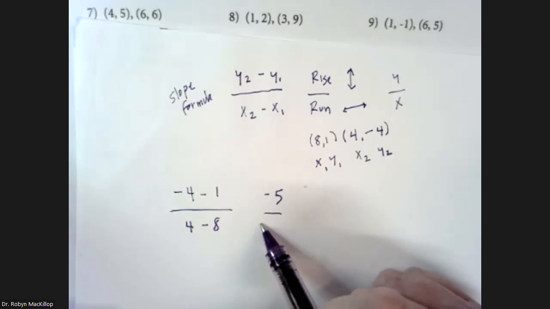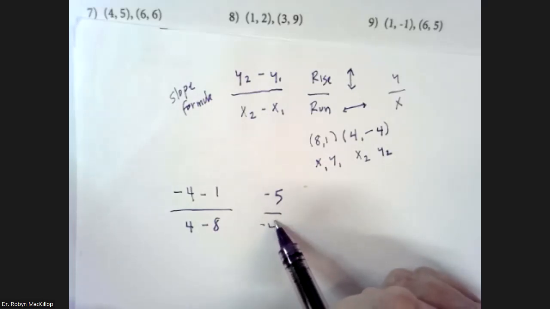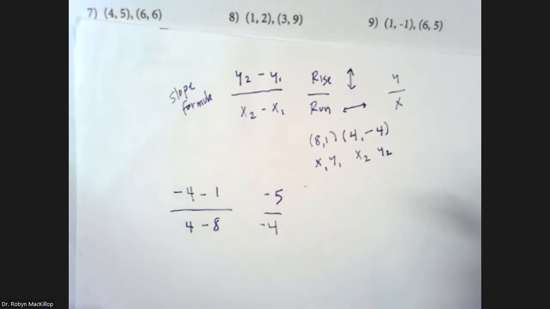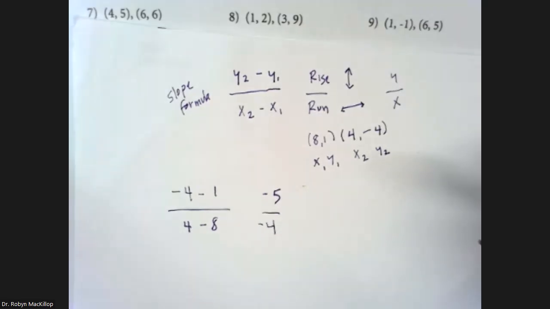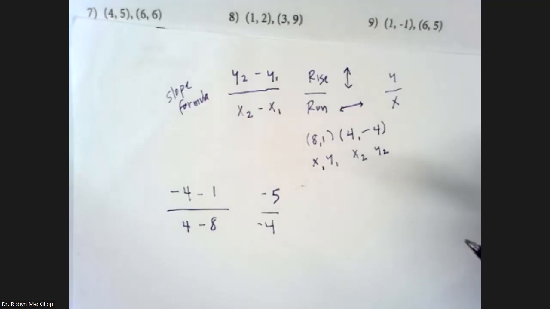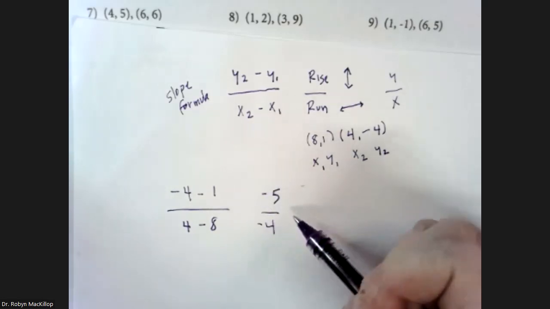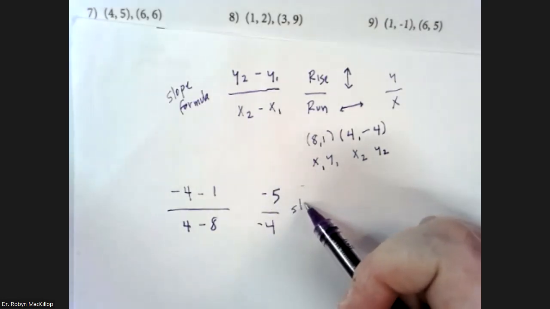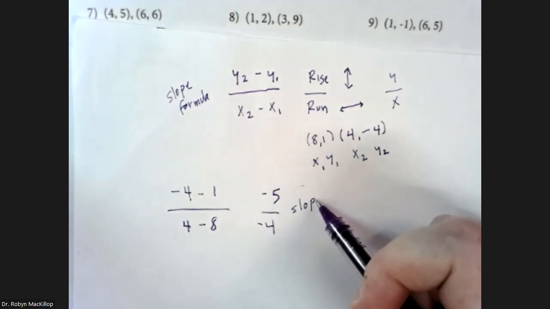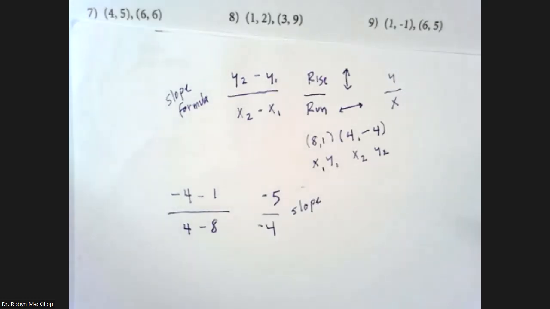Yep, -4. All right. Then we need our graph. That's our slope. -5 over -4. I do believe this will be a positive line because they're both negative.